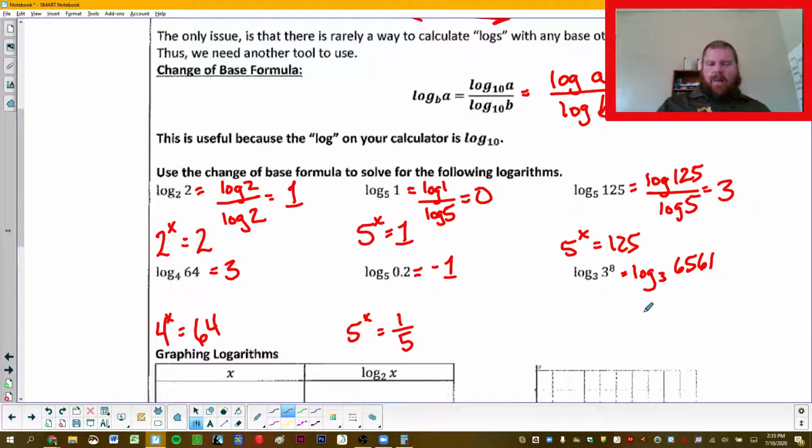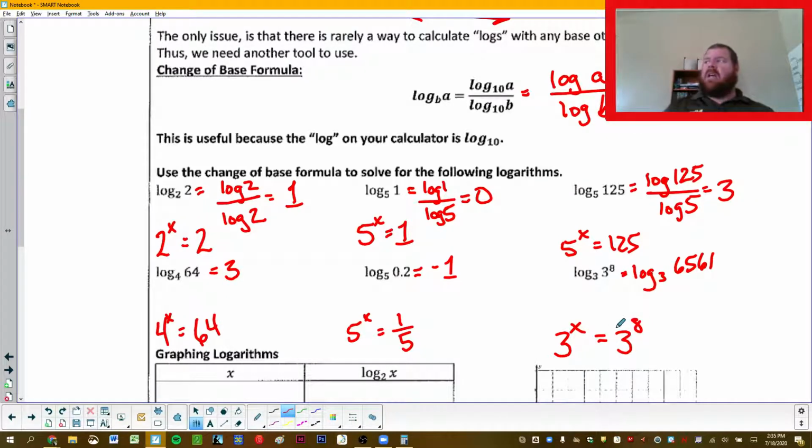Right, that's an ugly one. Let's see if I can figure this out without using a calculator and make life a little bit easier. Then I'll check it with the calculator as well. So what does this mean again? This means 3 to what power equals this thing?